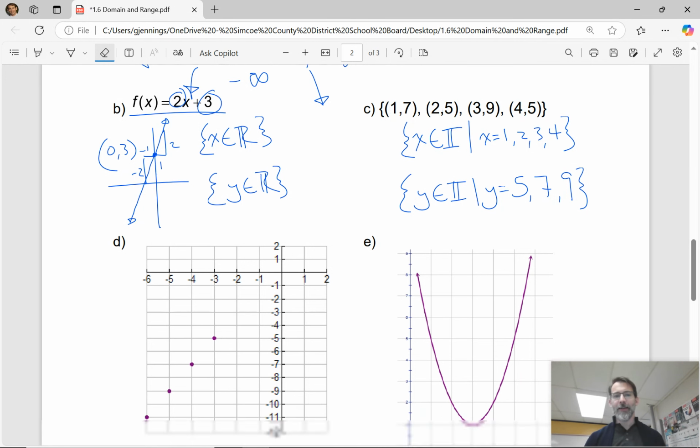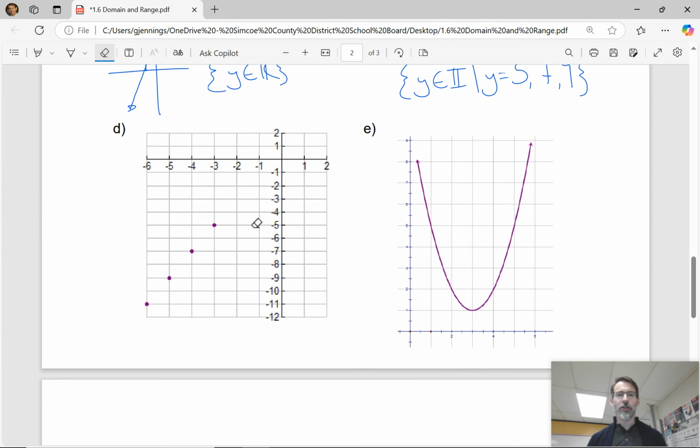Okay, let's keep going. That one's also a function, because it passes the vertical line test. And we have x is again of the integers. Let's get our squiggle bracket in there, such that x is equal to -6, -5, -4, and -3.